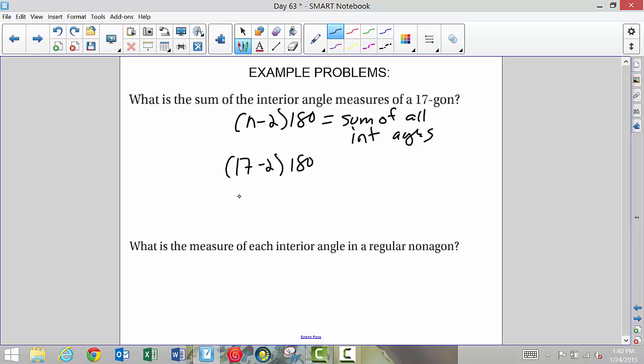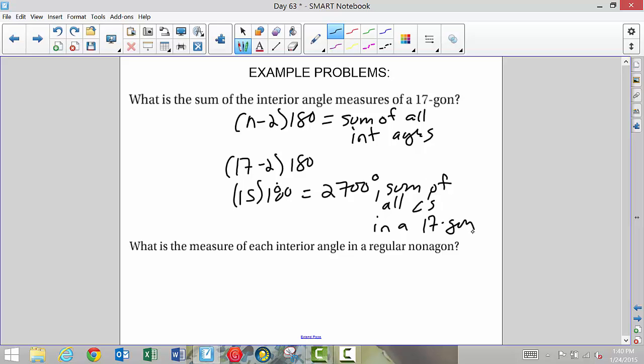So 17 minus 2 is 15 times 180. You go to your calculator, 15 times 180, 2,700. So this is equal to 2,700 degrees. So that's the sum of all angles in a 17-gon.